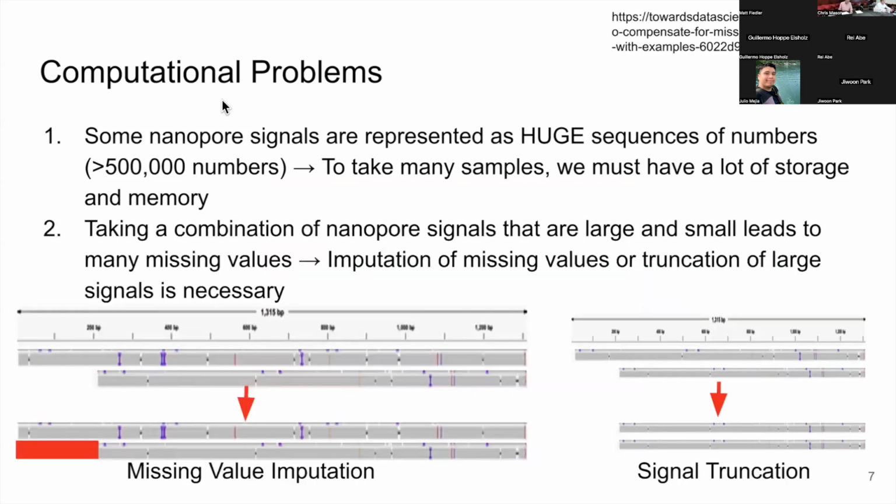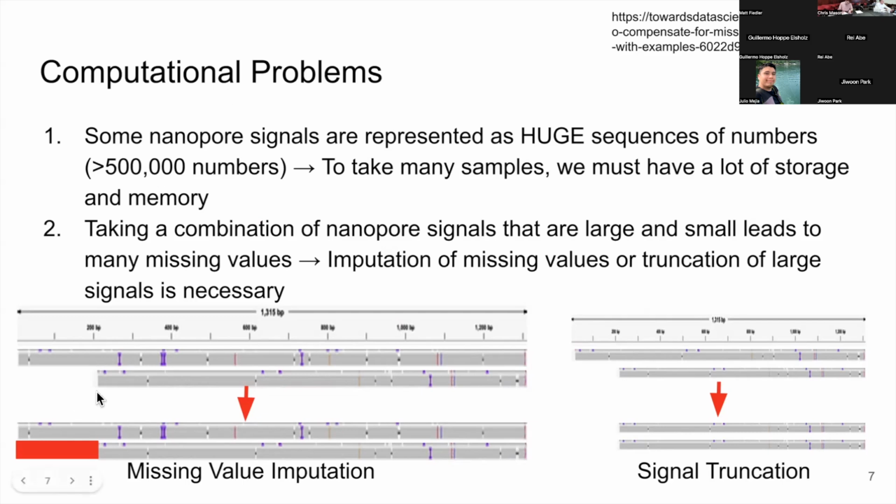And another problem is that if you take a combination of nanopore signals where some are large and some are small, this leads to many missing values, which is not allowed in any machine learning model that we used in PyTorch here. And so one might solve this problem by imputing the data that you can see on the left here.